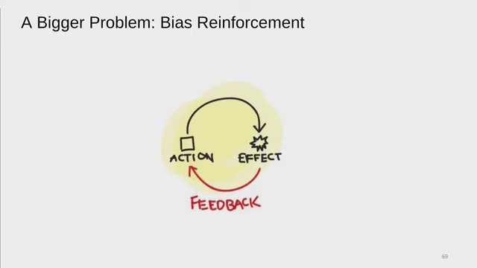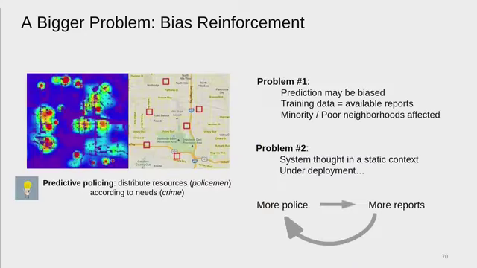Another problem we're facing is reinforcement. We may be locked into some feedback loop that we already have, which then reinforces the underlying issues. And one of the prime examples here is crime and crime statistics. For example, in a city, the crime statistics could be distributed and analyzed, and then you send more police to areas where you have reported crime.